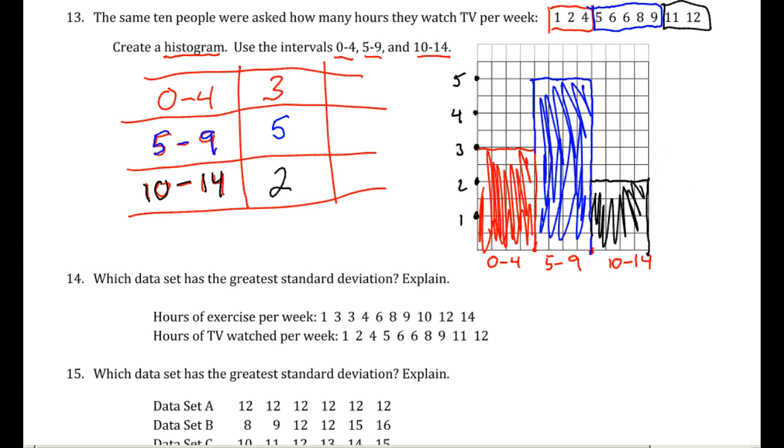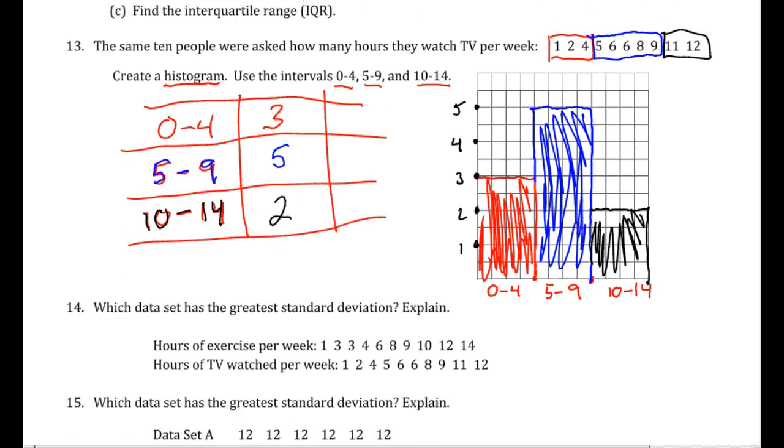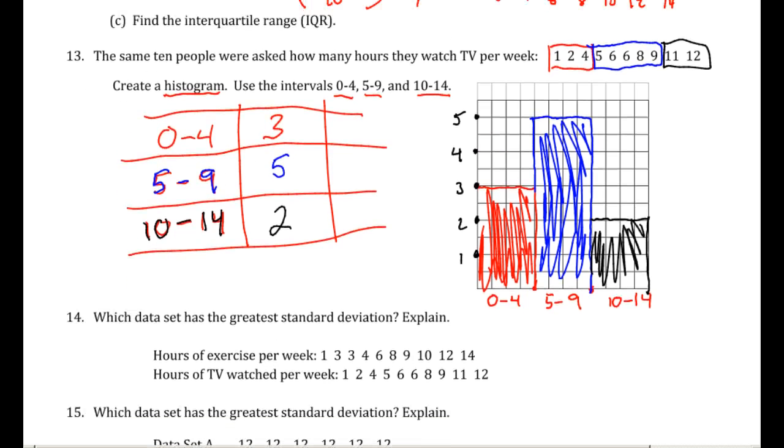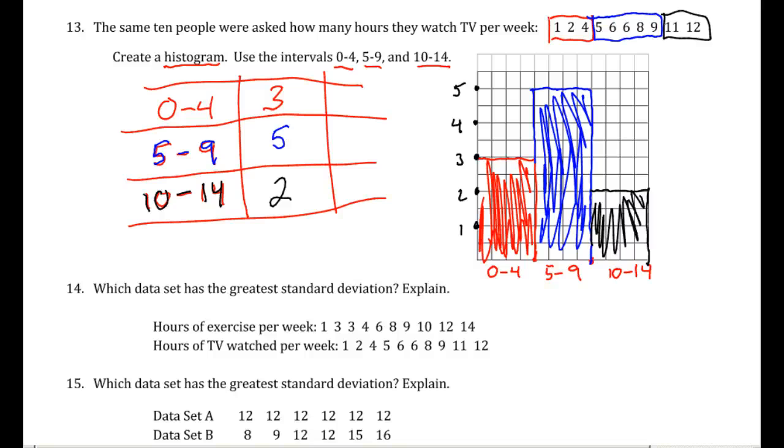There's a histogram. Now, standard deviation. So they look at number 12 and number 13. Number 12 had the exercise hours per week, and 13 had the hours of TV watched. And they ask you about standard deviation. How spread out is the information? It's good to think about standard deviation as having to do with the mean or the median, the middle.